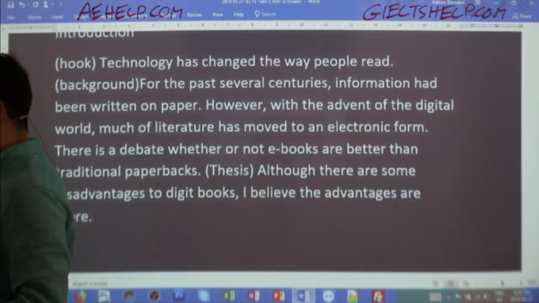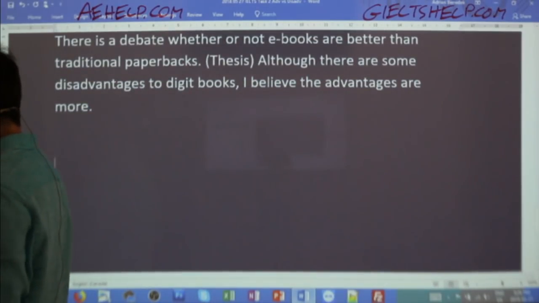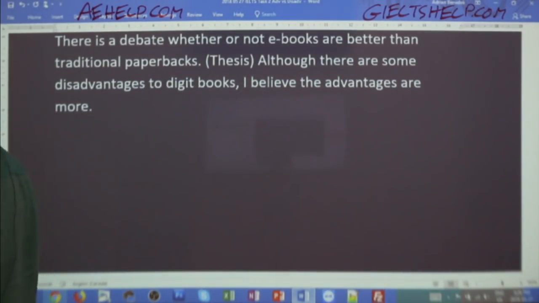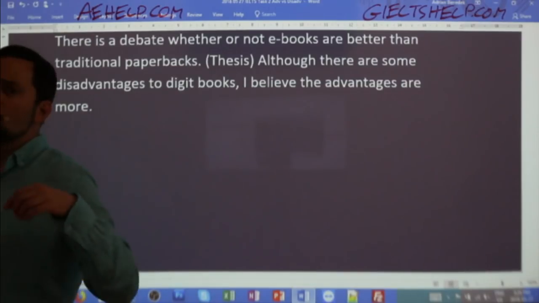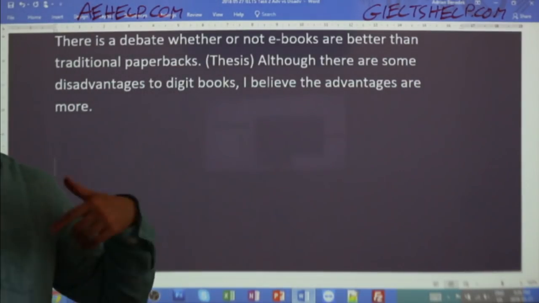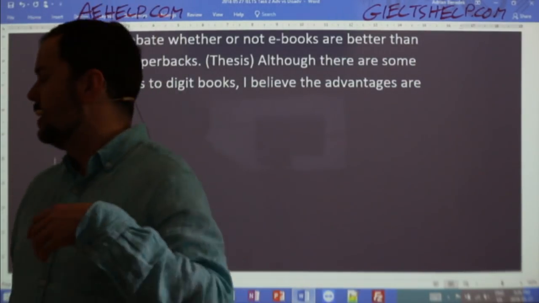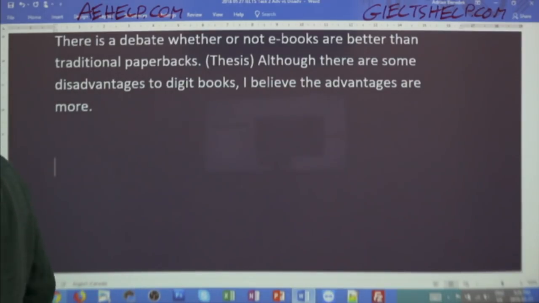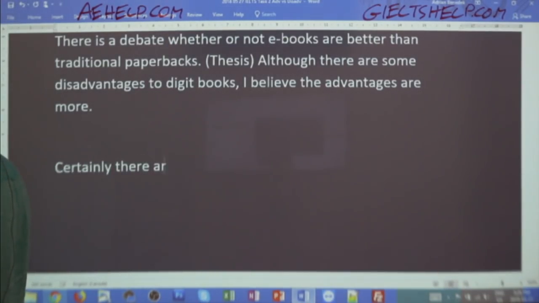For body paragraph 1, I'm going to open it up with the disadvantages. I'm going to list them very quickly. I'm not going to go into detailed examples, but just to show that, yeah, I realize there are some disadvantages, right? So certainly there are. This is my topic sentence, of course. So body 1, topic sentence, okay?